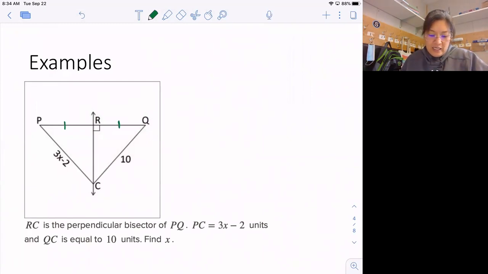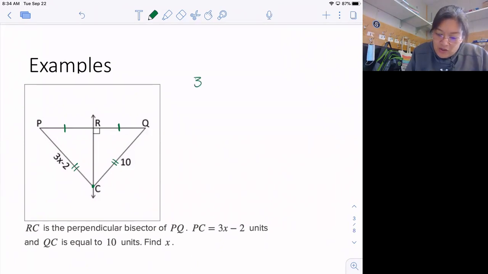I know PC is 3x minus 2 and QC is equal to 10, and it says find x. Now, what do we know about point C? Point C to Q and point C to P are congruent to each other. So if they're congruent, we can write an equation. You're right. We're going to write 3x minus 2 is equal to 10.